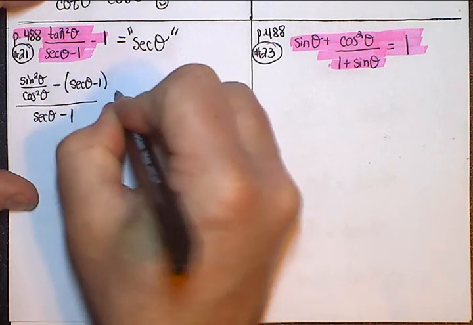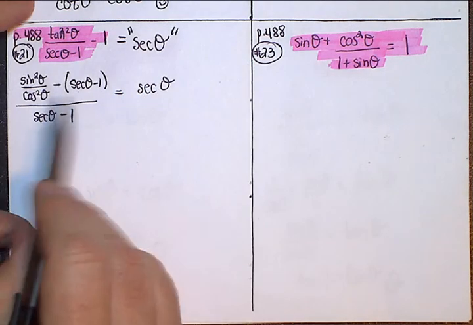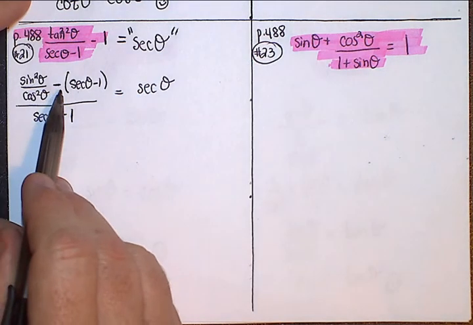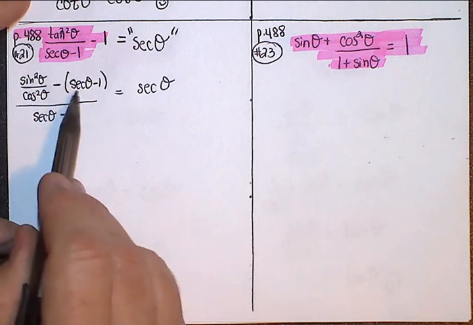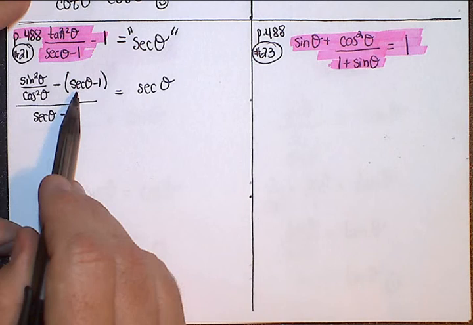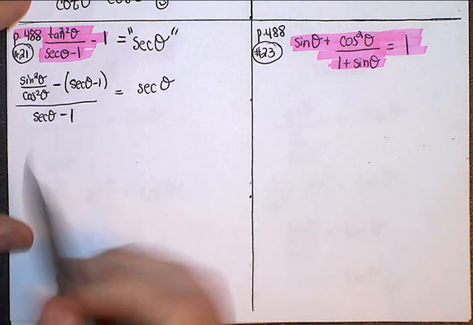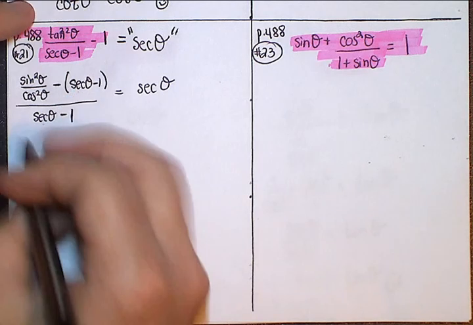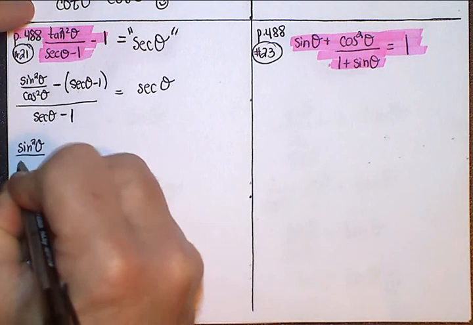And all of this is supposed to be secant theta. So what I'm going to do here is distribute that minus sign through. And as I distribute the minus sign through, I'm going to change this secant to 1 over cosine. I'm going to also change this secant to 1 over cosine. So this is what we're going to have. It's going to look ugly. We got sine squared theta over cosine squared theta.